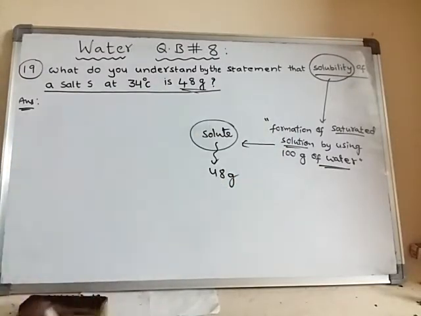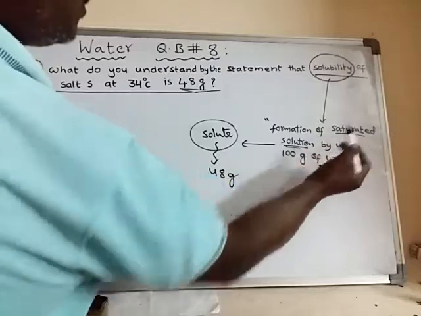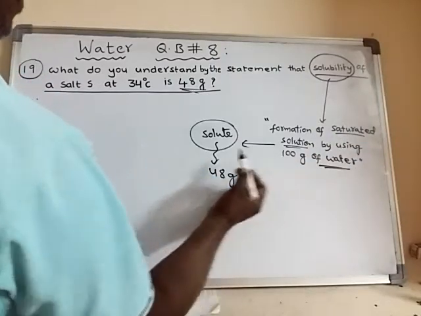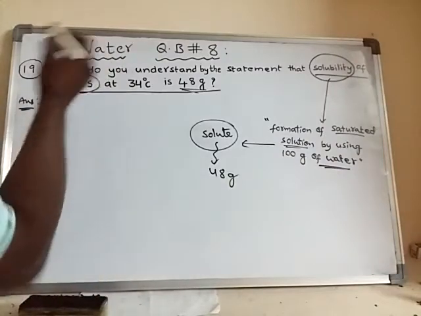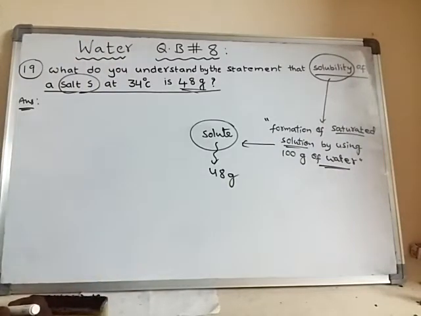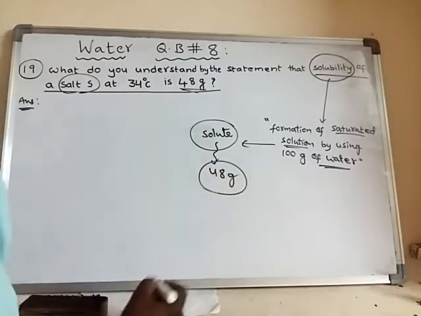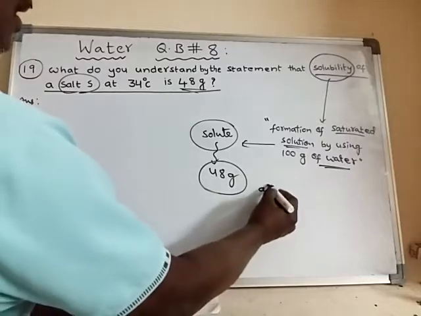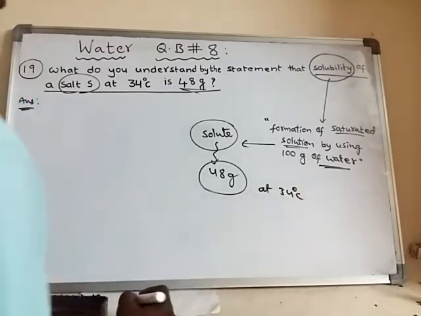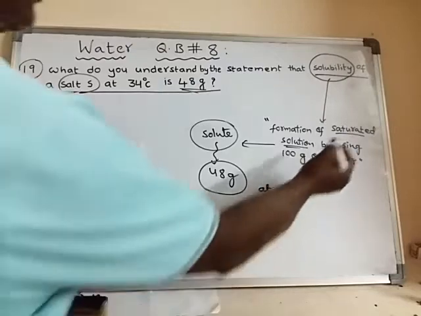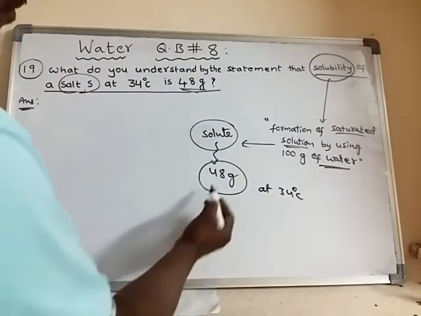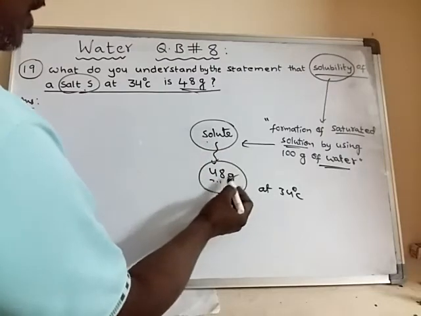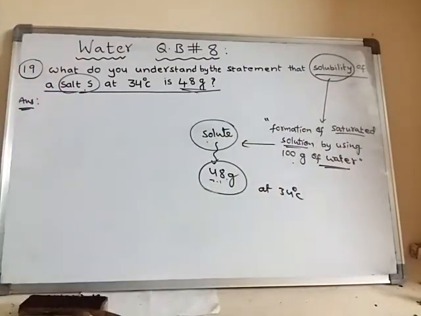That means for the preparation of a saturated solution of salt S at 34 degrees centigrade, we have to add 48 grams of that salt S in 100 grams of water.